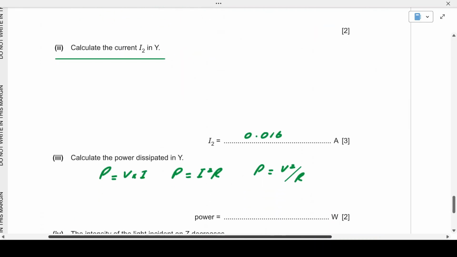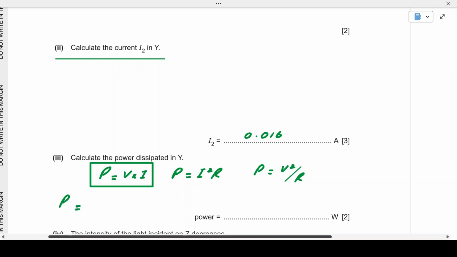Yeah, I think first we'll need to find the resistance also. Or we can use P equals to VI. The first one should have been fine.